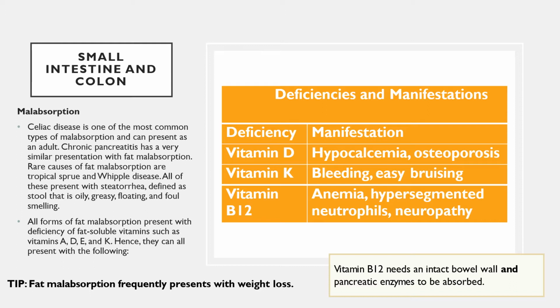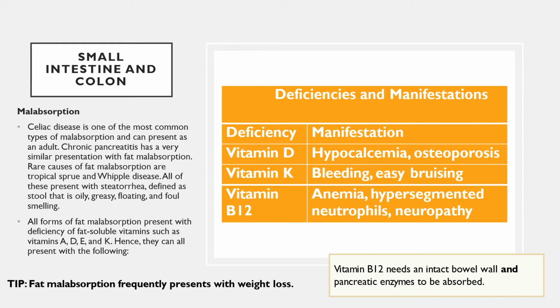Chronic pancreatitis also has a very similar presentation and presents with fat malabsorption. Rare causes are tropical sprue and Whipple disease.